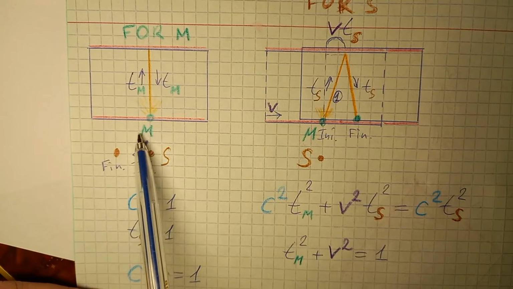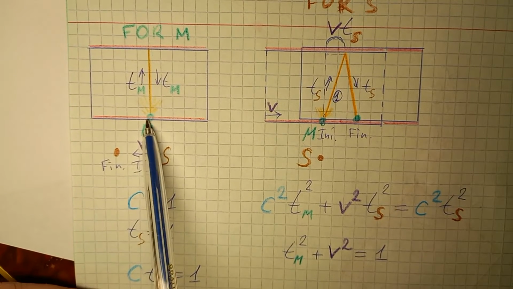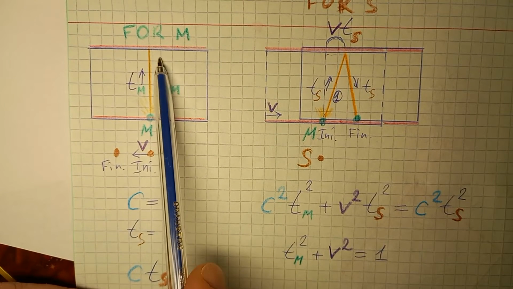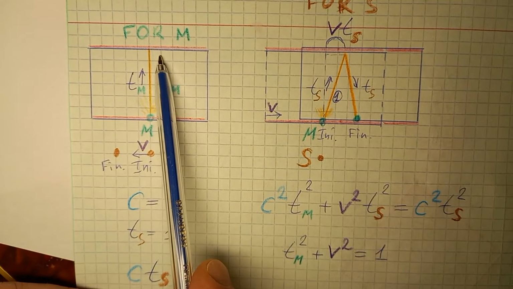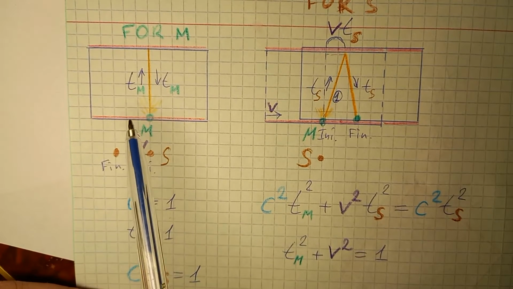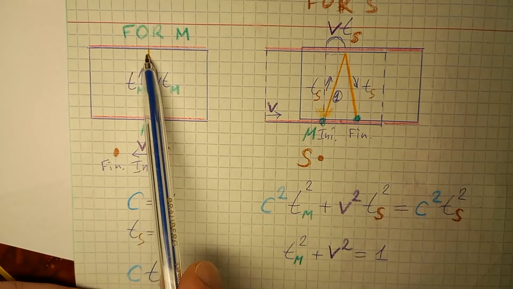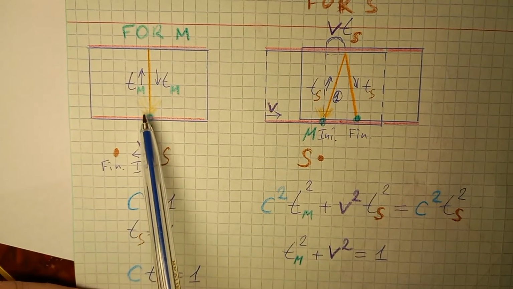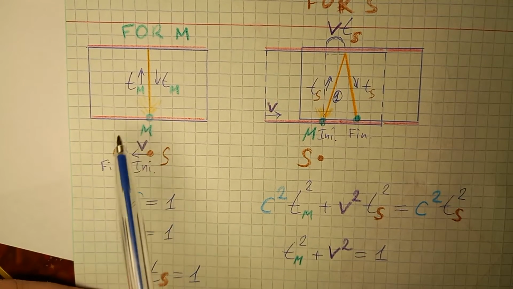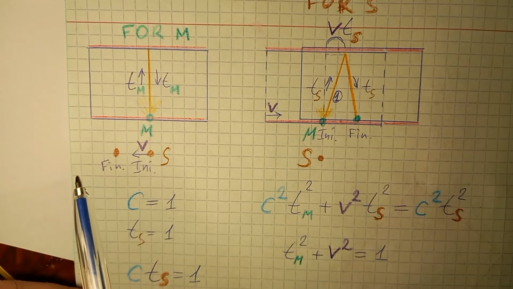M flashes light towards the opposite side of the wagon, and then after it reflects, catches it back. Both observers measure the time of the process.